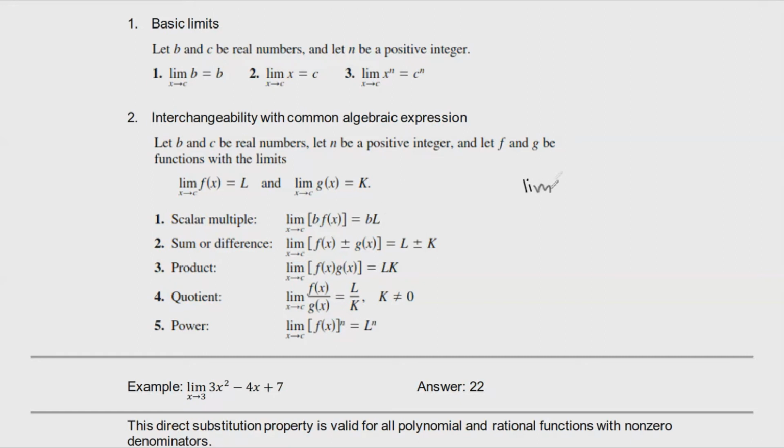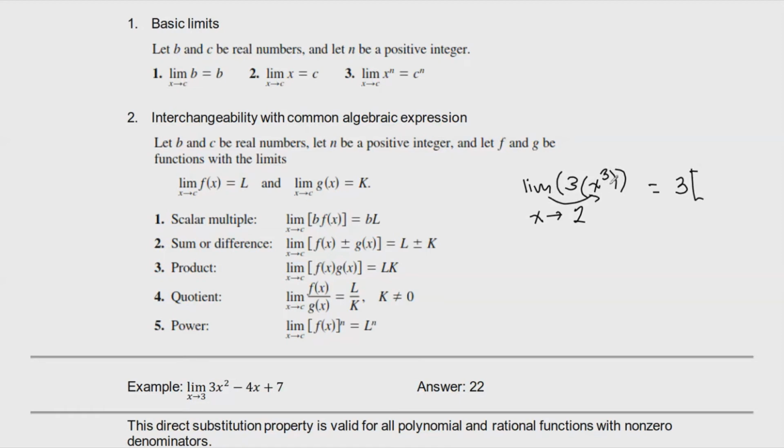So b here is actually a constant. For example, the limit of 3 multiplied with any value, let's say x cubed, as x approaches, let's say, 2, then the answer should be b, which is 3, multiplied with the limit of what is inside here as a function.